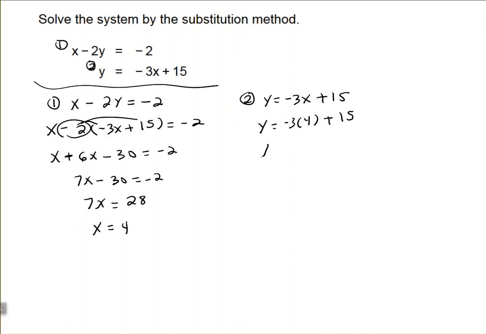Okay, so negative 12 plus 15 is positive 3, and the ordered pair would be 4, 3. That will be the solution of that system. And if I were to graph those two equations, the lines would intersect at the point 4, 3. That is the point that they have in common.